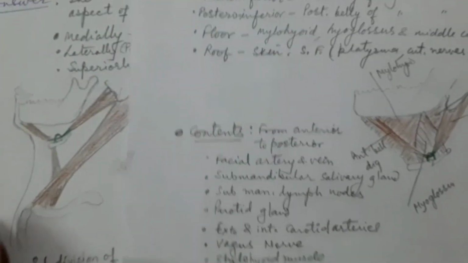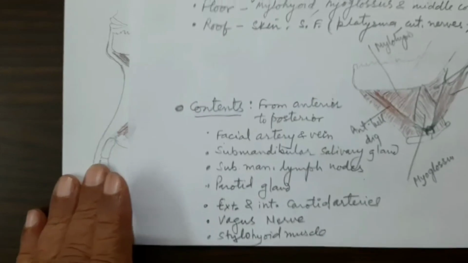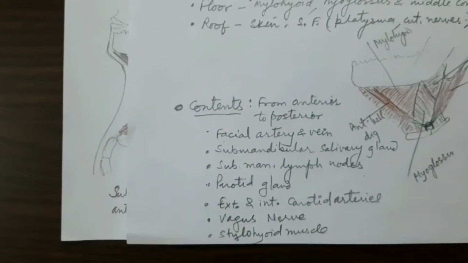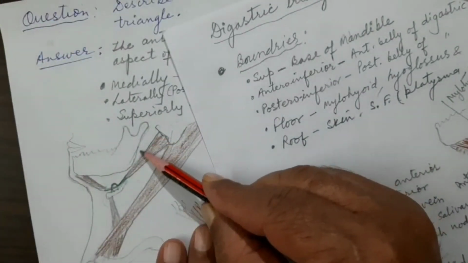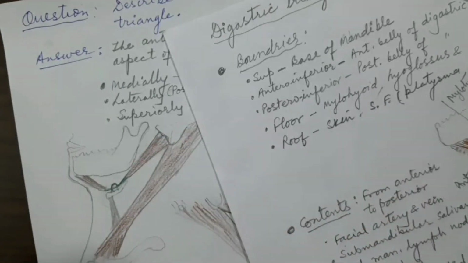Which arteries? External and internal carotid arteries, and in between the internal jugular vein and the internal carotid artery there will be the vagus nerve, within the carotid sheath of course. And the stylohyoid muscle runs just along the superior margin of the posterior belly of the digastric.